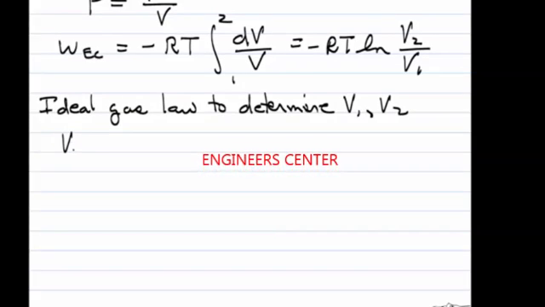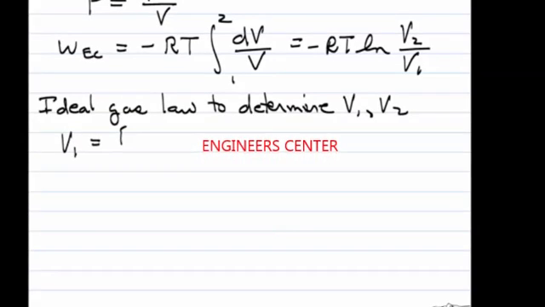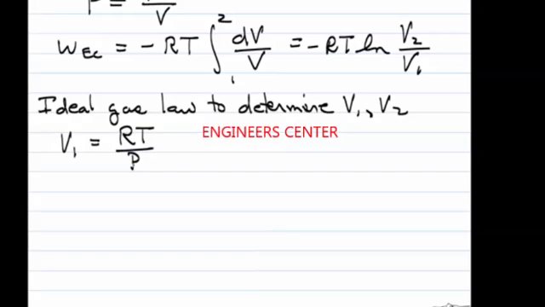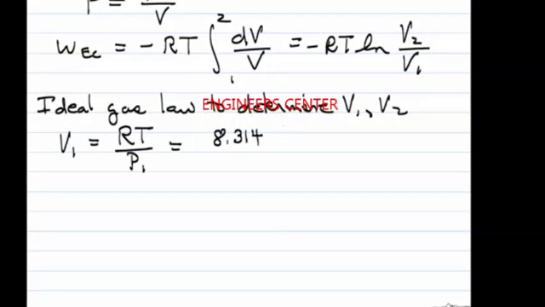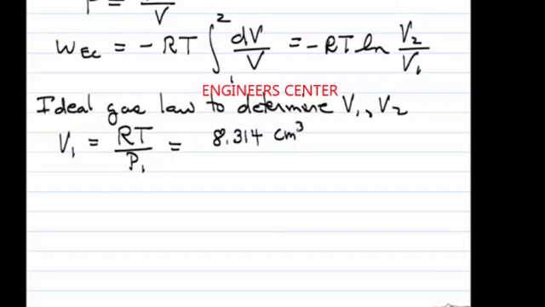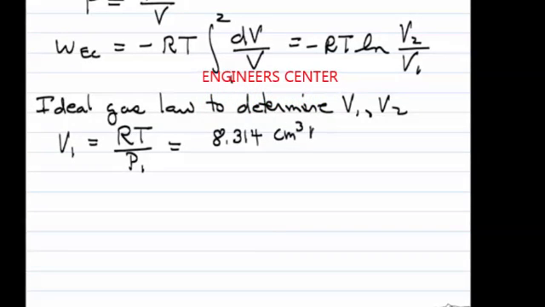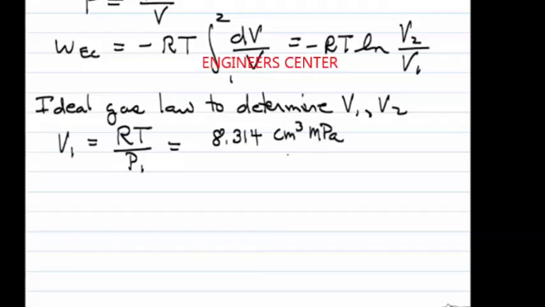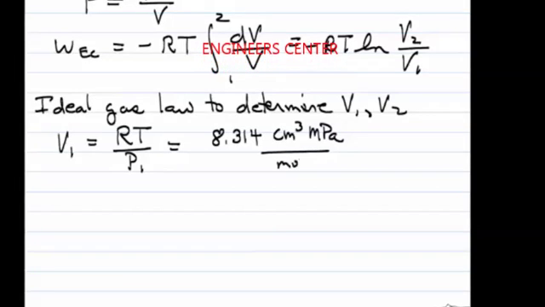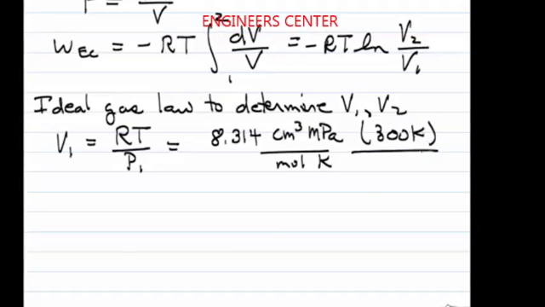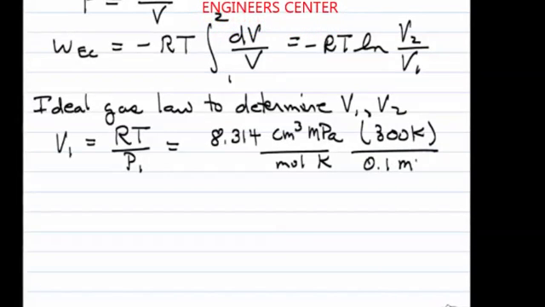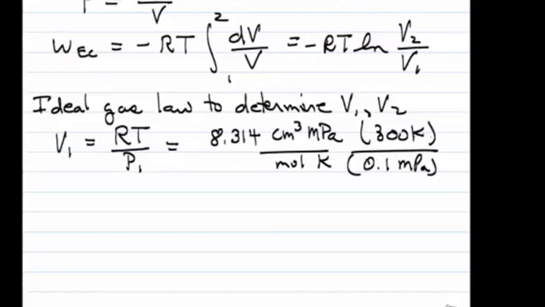So we have to go back to the ideal gas law. Isothermal, pressure 1, so gas constant 8.314. I picked units for the gas constant, and therefore its value. So we're in megapascals, moles, and Kelvin. 300 Kelvin, 0.1 megapascals.